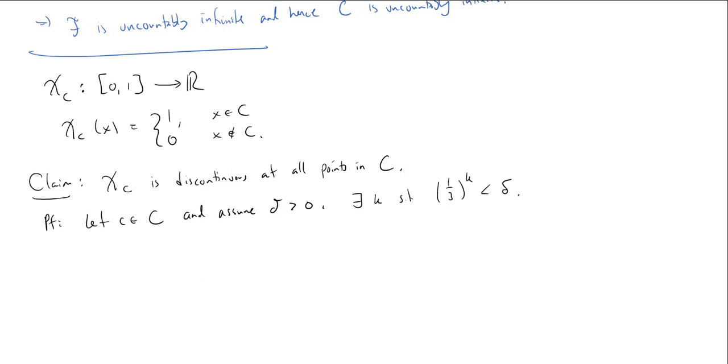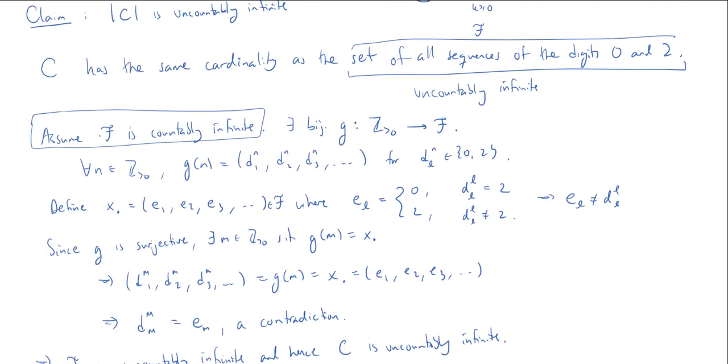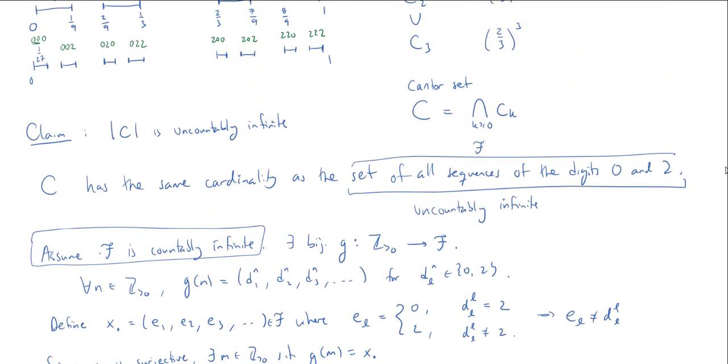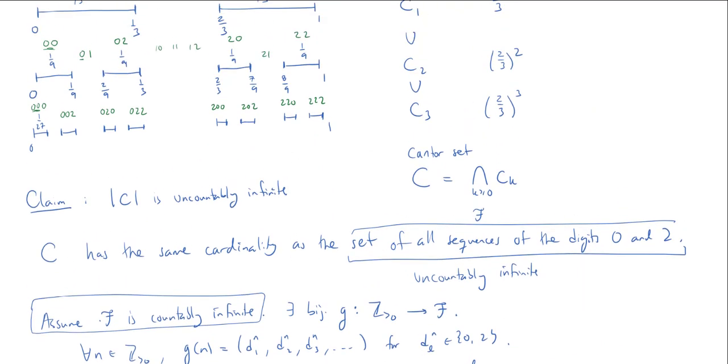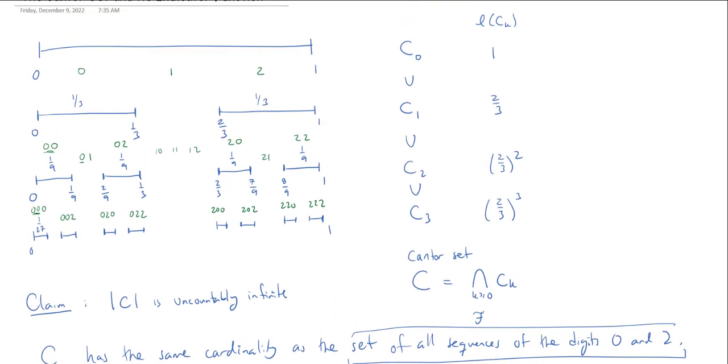Now, what do we know about C? Well, C, recall, is the intersection of all of these C_k's, and each one of these C_k's is getting smaller and smaller.